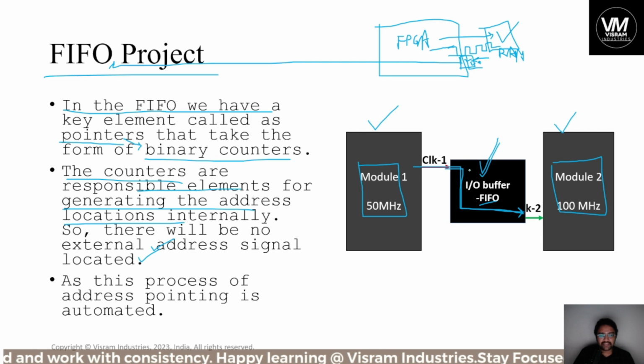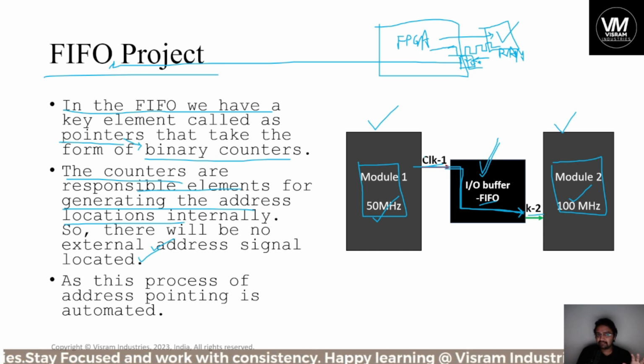For that first in first out, how is the data transmitted in a first in first out manner? I'll be explaining in a little bit, but see, this is clock 2 and clock 1. You have two different clocks. One is operating at 50 megahertz and another one is operating at 100 megahertz. How do you transmit the data between two different clocks?